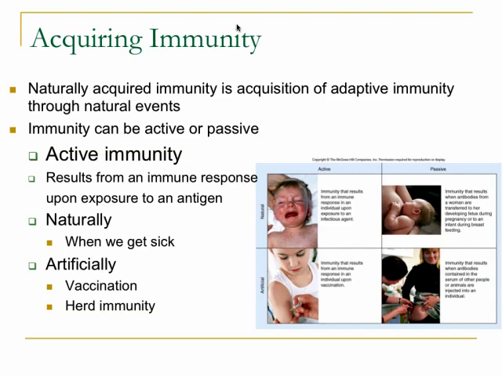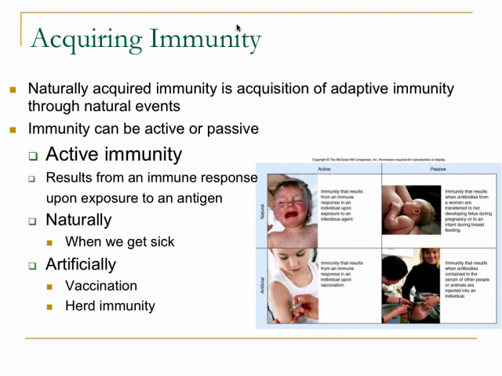So it results from either getting sick, your immune response when you're exposed naturally to the pathogen, the antigens present on the pathogen, or we can artificially induce it using vaccination, which gives protection often for the community, even if they haven't been vaccinated.